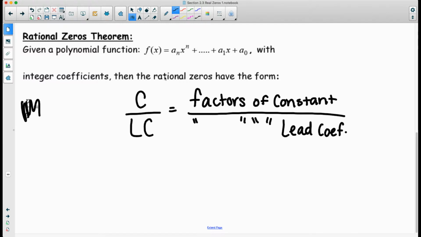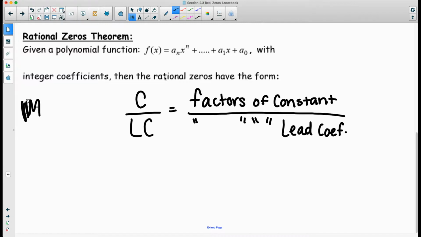Okay? They use P and Q in your book. That's why it's P and Q over there. But it's easier to write out the letters that you're actually using. So it'll help you remember.